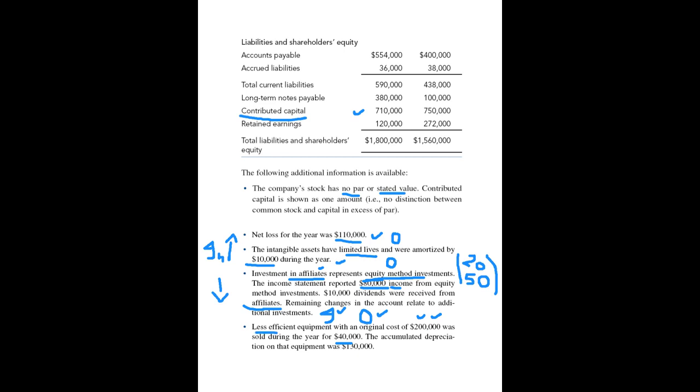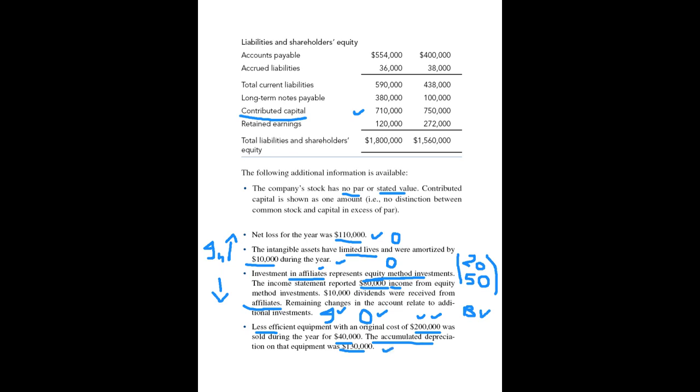So let's see how much the depreciation was. The accumulated depreciation on this equipment was 130,000. Whenever we sell equipment, its accumulated depreciation account is also removed from our books. So what was the book value of this equipment? The cost was 200,000, accumulated depreciation was 130,000, so the book value was 70,000.